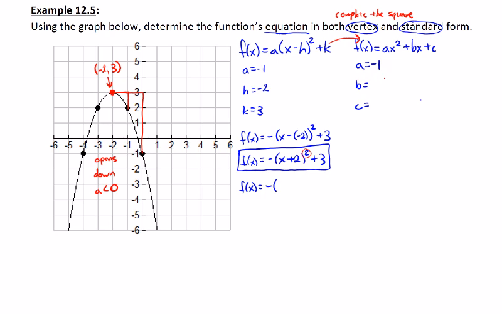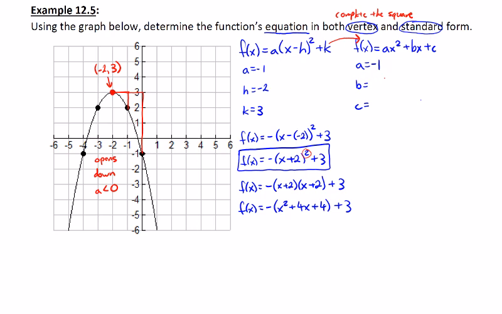Then I'm going to square x plus 2. That's going to result in, well, it's supposed to be x plus 2 times x plus 2. That's what the definition of squaring means. So if I go through the distribution, or some of you will call that a FOIL, I would get x squared plus 4x plus 4. Tack on the plus 3.